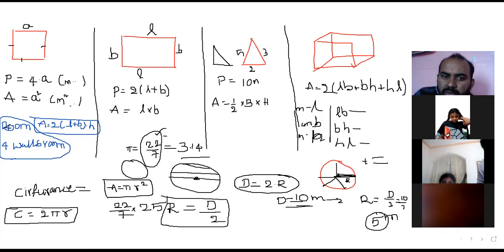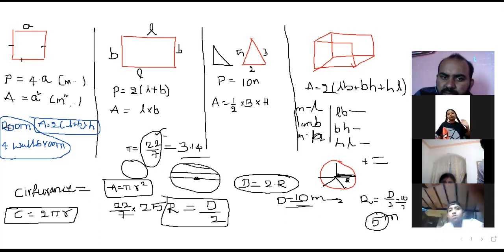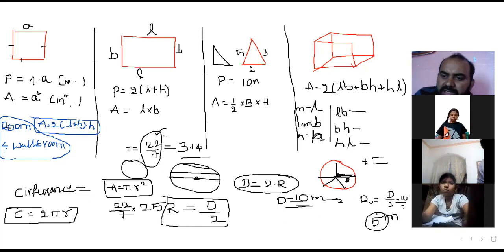Rectangle. What is the width? Width 6 mm. Length? 12 mm. Then can you find the area of that part or not? Yes, sir. Then find the area of this. That is A1.